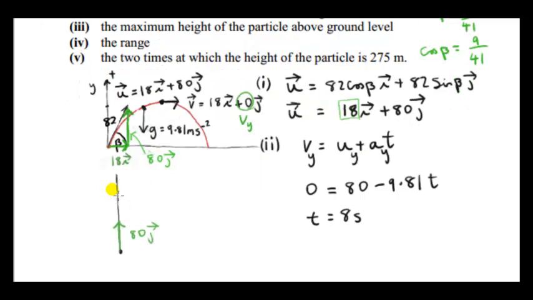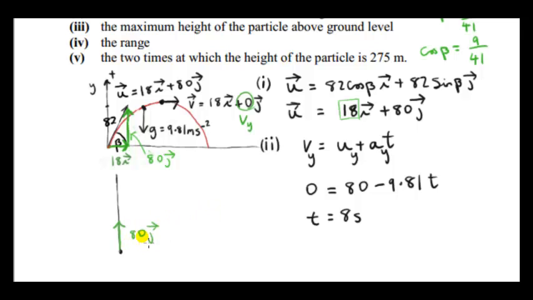So all we're looking at here is the vertical component, the y component of the velocity. We could just consider this line here, the y-axis. I'm just showing it down here for convenience. Initially uy, or we could say vy, is 80. We refer to it as uy for the initial speed.